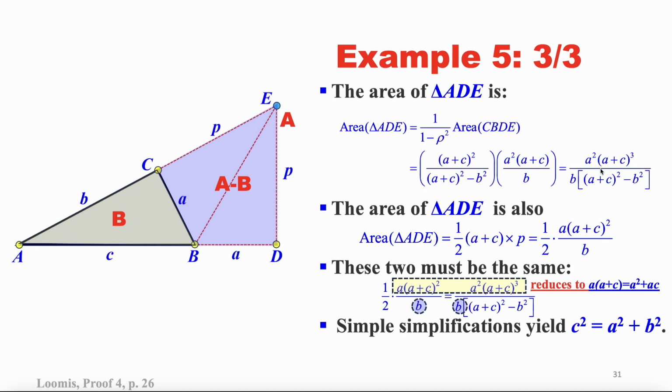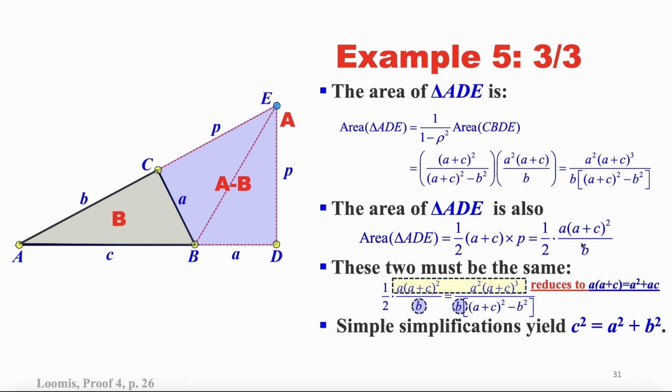After some simplification, we have this. However, the area of ADE can also be computed as P times A plus C divided by 2. Plug in the value of P computed in the previous slides, we have this.